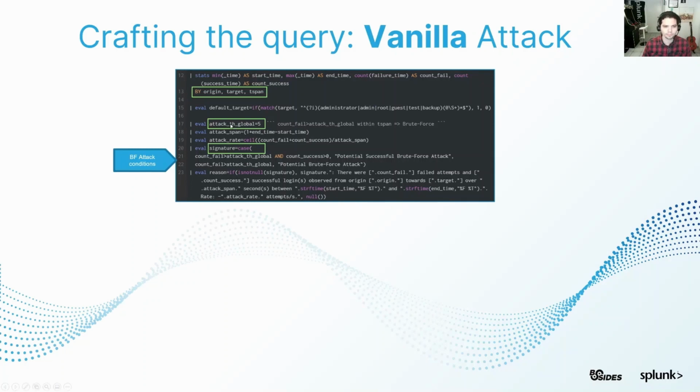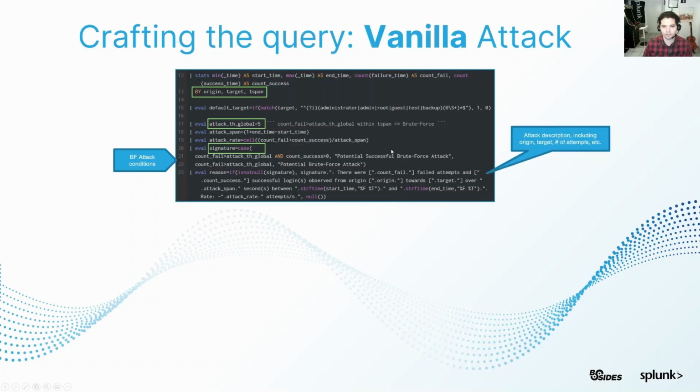And you have an attack threshold that you can set for each of those detection types that you see later. If you want to leverage this technique, you don't need to change anything. Or if you want to customize, of course you can, but the only thing you need to do is define what is a failed attempt, a successful attempt, and then adjust the thresholds for your environment.